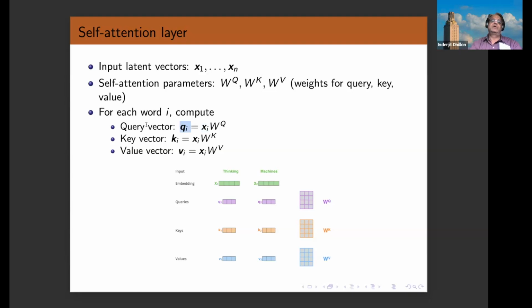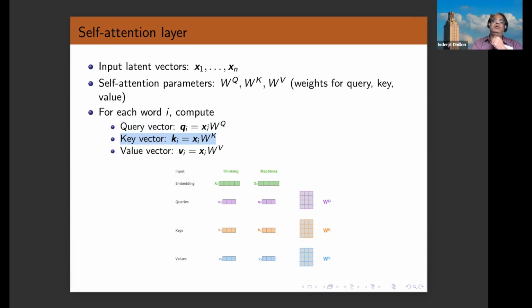So the query vector qi is equal to xi times WQ. Similarly, you compute a key vector, ki, equal to xi times WK. And you basically want to match up the query vectors with the key vectors. It's giving you one level of additional indirection.